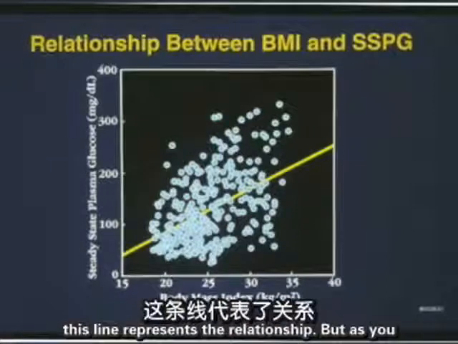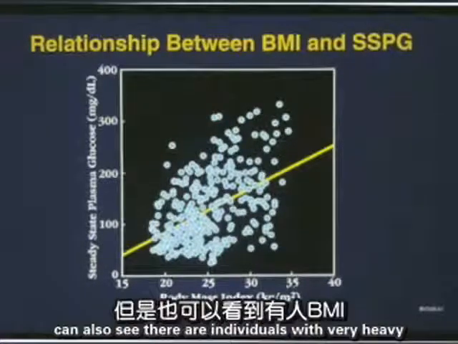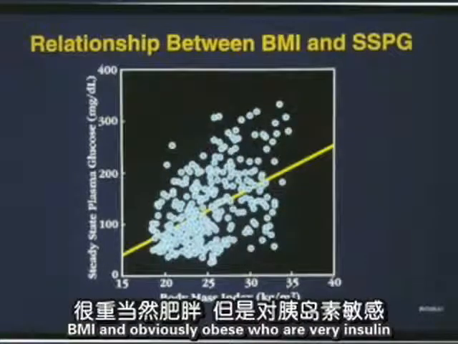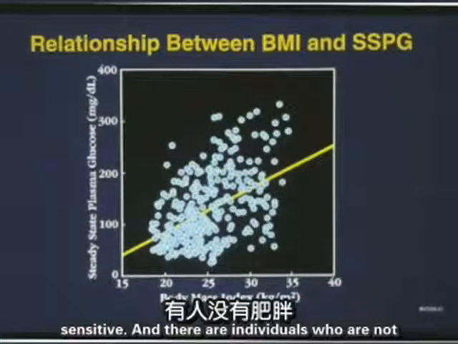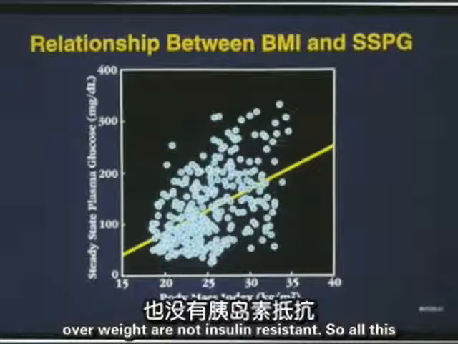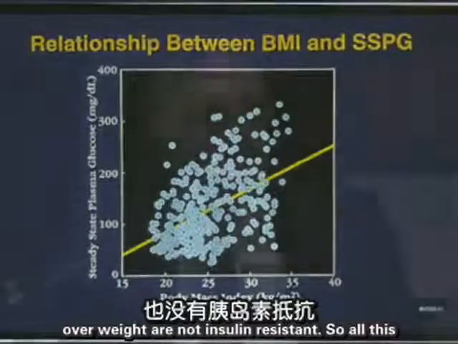And this line represents the relationship. But as you can also see, there are individuals with very heavy BMI, definitely obese, who are very insulin sensitive. And there are individuals who are not overweight, who are very insulin resistant.